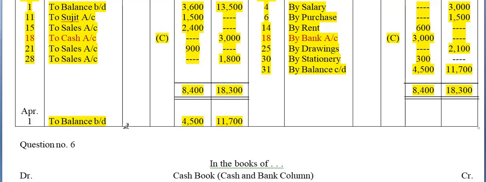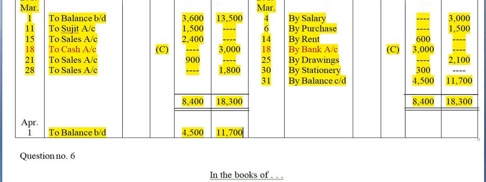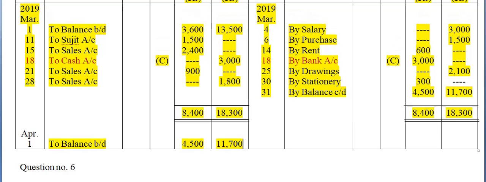And what will be the date out here? The date will be the next month or next year. So after March it comes April, right? So you will write April 1st to balance B/D. The cash will have 4500 and the bank will have 11700.